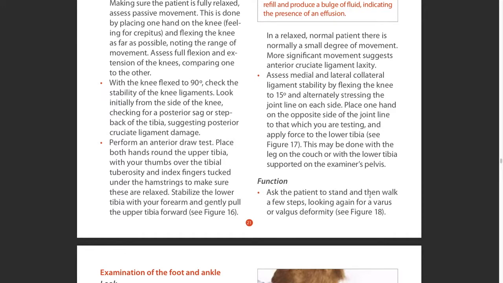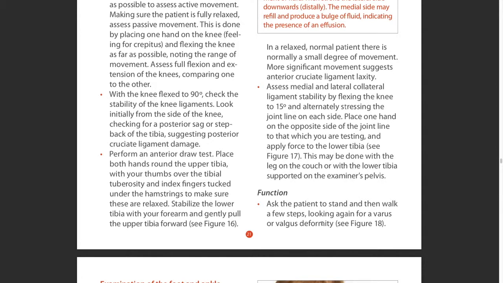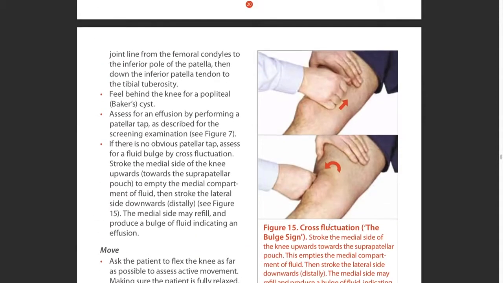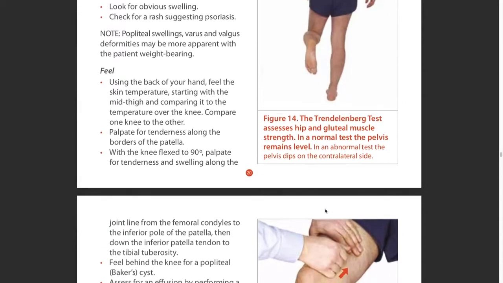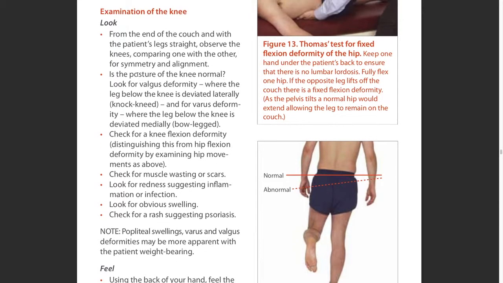So you can ask them to walk a few steps and then ask them to turn back and walk back. And you ask them to stand still, and then you can check for valgus and varus deformity. These are much easier to assess when the patient is standing, the patient is weight bearing.